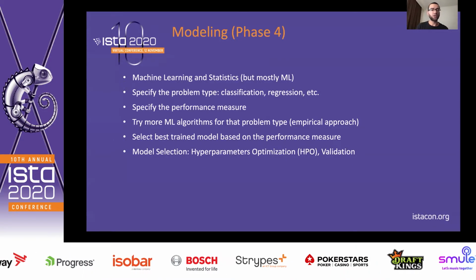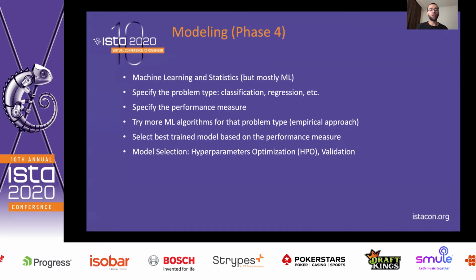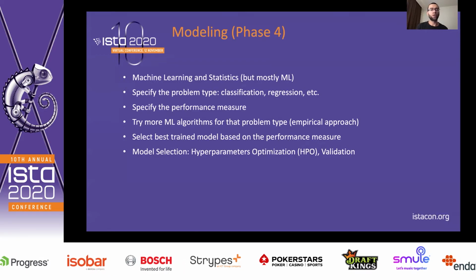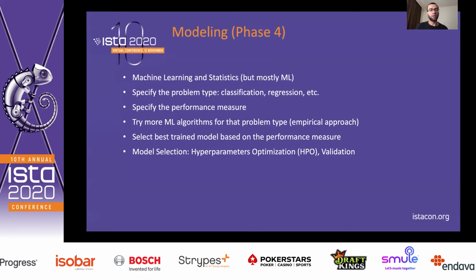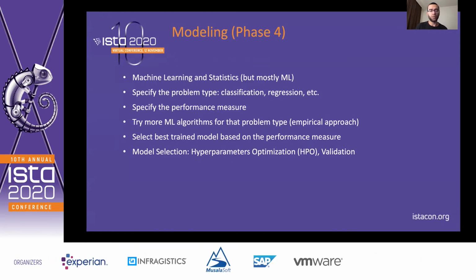Is it classification? Is it regression? Given the problem type, then we try more machine learning algorithms. So this is an empirical approach. We try more things. We select in the end the best trained model based on the performance measure. So this is where we do model selection, hyperparameter optimization, and validation.